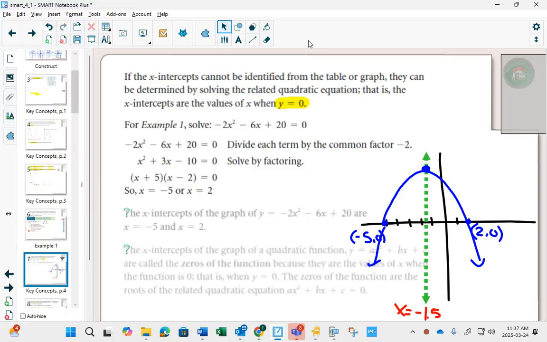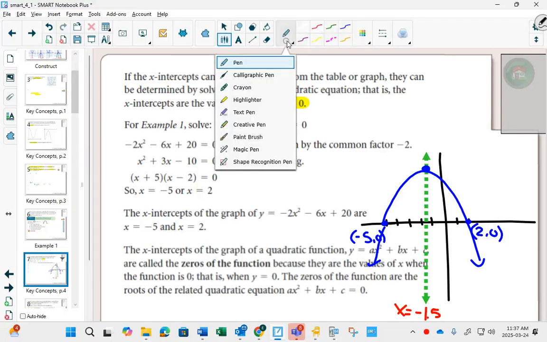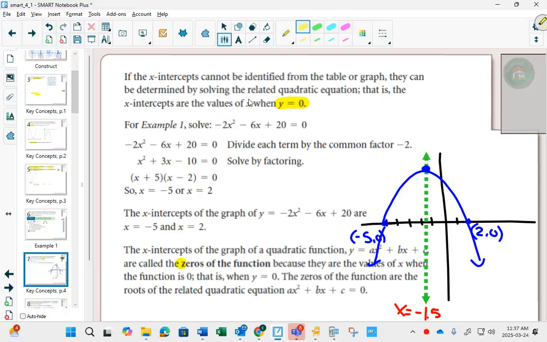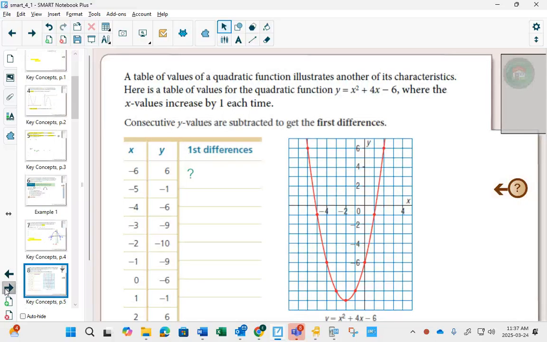And you want to highlight this. The x-intercepts are called the zeros of the function because they're where the y value is equal to 0. And then on page 254, I'm going to show you another thing that can help you with graphing. They talk about it in your notes as the first differences.